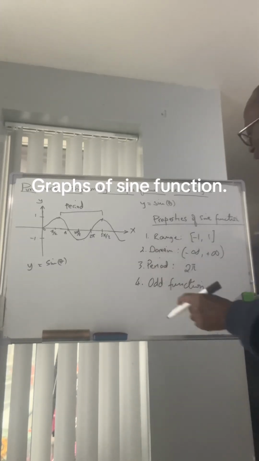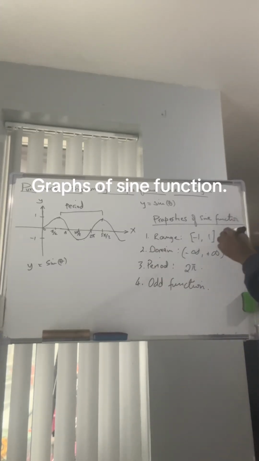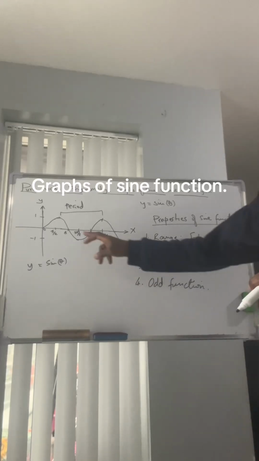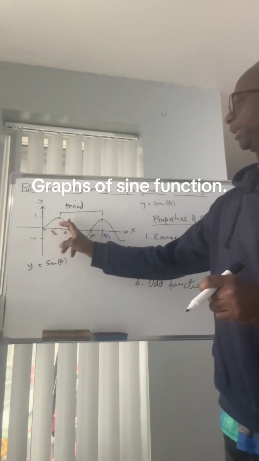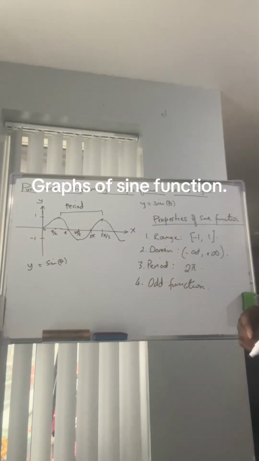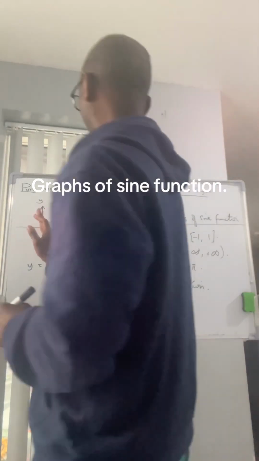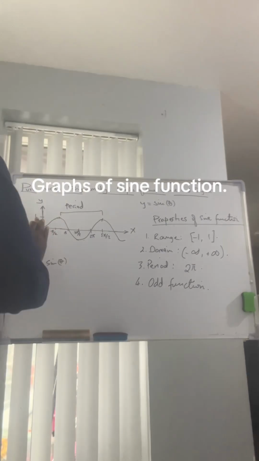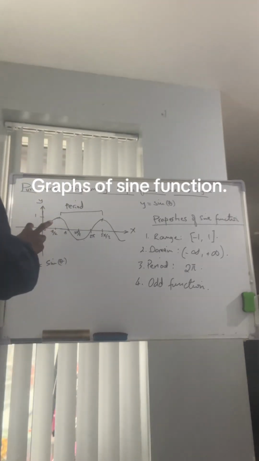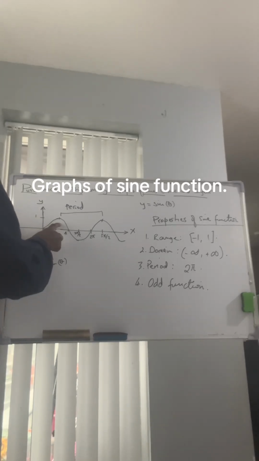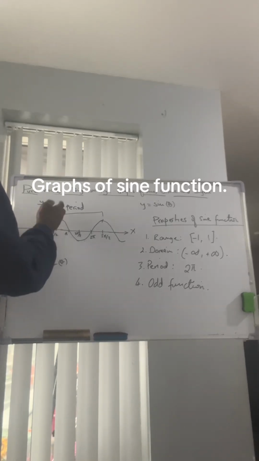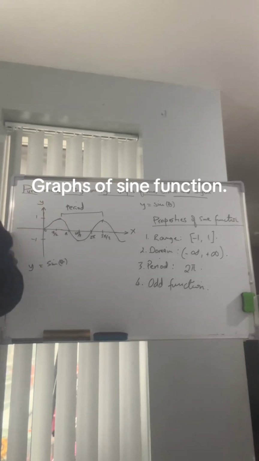What does that mean? It starts from 0 here. That is, it doesn't have an exact reflection on the left hand side.